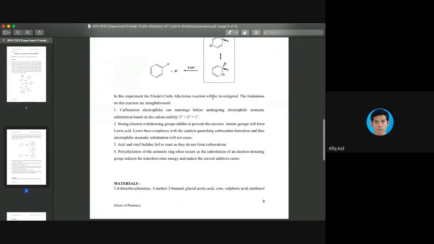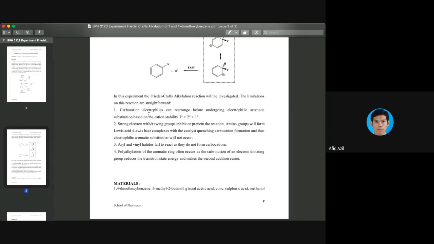Okay, so the limitation of this reaction, which is Friedel-Crafts, they have limitations, right? As you can also refer in the note. The first one, carbocation electrophiles: the carbocation can rearrange before undergoing electrophilic aromatic substitution, based on the cation stability.